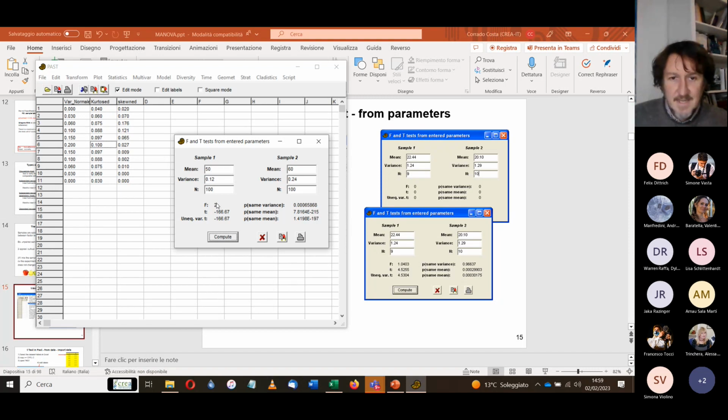So in this case, we have to look at the unequal variance t, the Welch unequal variance t. In this case, the null hypothesis is the same mean, and here it is highly significant, so it means that the null hypothesis is highly rejected.